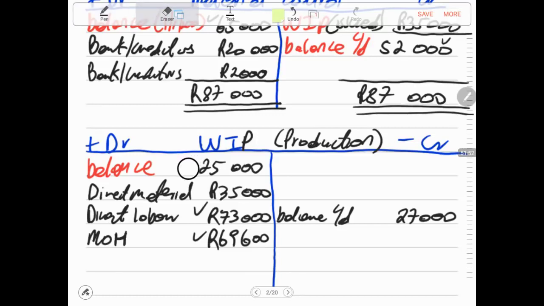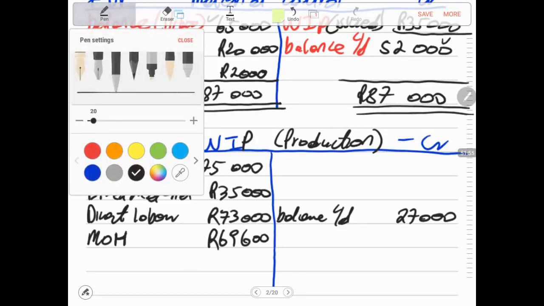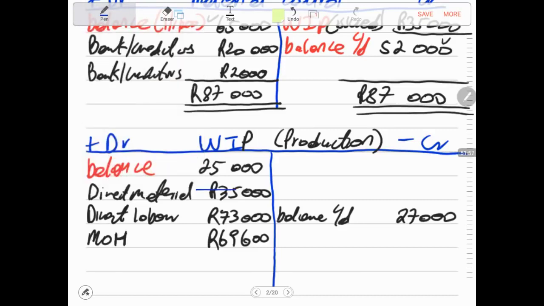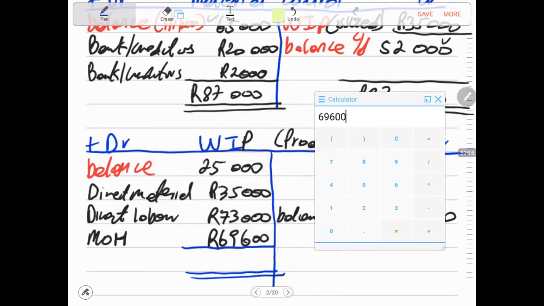And now we have all the three elements of the production cost. What are those three elements? It is material, it is labor, it is overheads. But we need not forget to add the opening balance of the work in process. When we add it, we can draw a line here. Then I can say 69,600 plus 73,000, which is our direct labor, plus 35,000 of our direct material, plus 25,000 of the opening work in process.